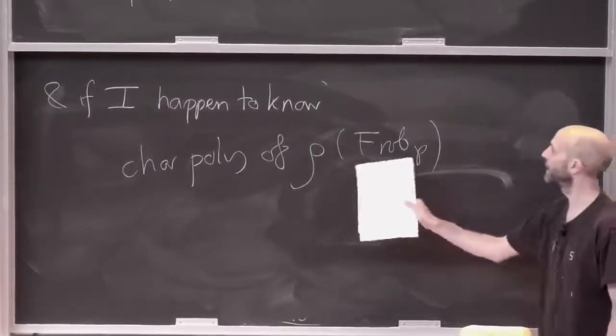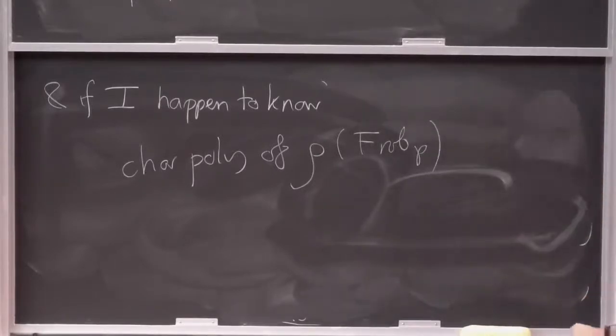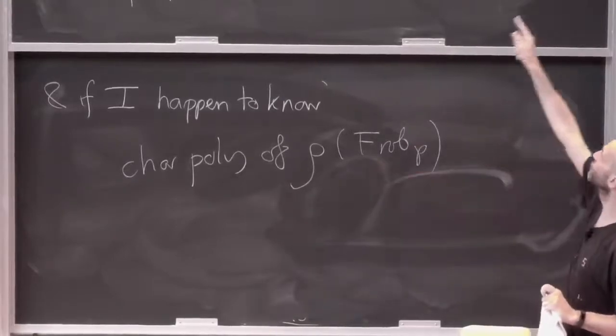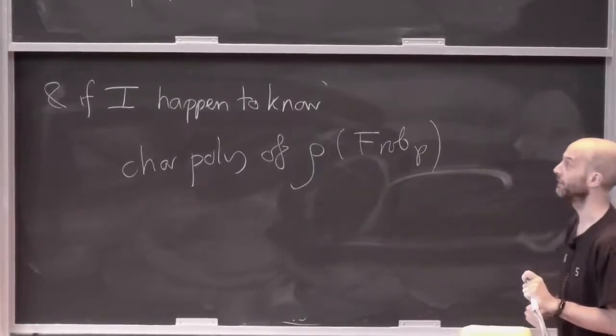So rho of Frob P is, if you like, a collection of matrices. But all the things in here are conjugate. So formally it's true that all the matrices in here are conjugate. So they've all got the same char poly.